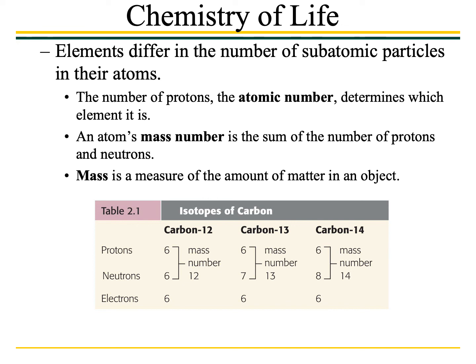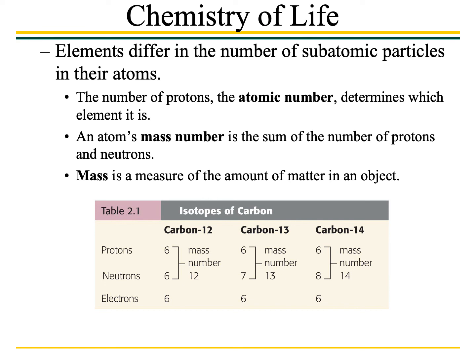What's different in these isotopes, carbon-13 and carbon-14, is the number of neutrons that you find in the nucleus of the atom. Carbon-13 has a total of 7 neutrons rather than 6, and carbon-14 has a total of 8 neutrons, again, rather than 6. So based on the definition of mass number or atomic weight, if we add the number of protons and neutrons together, that gives us the mass number.